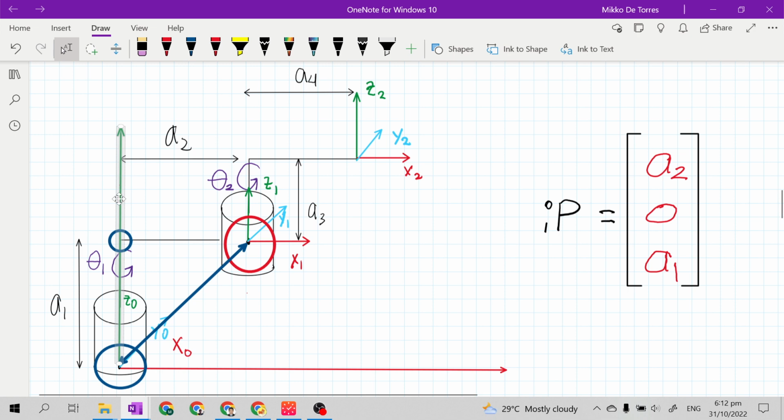Whatever the position of frame 1, it is still a sub 1. The distance is still a sub 1 at z sub 0 axis.